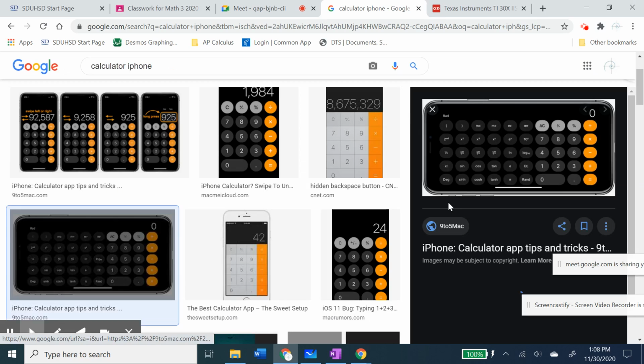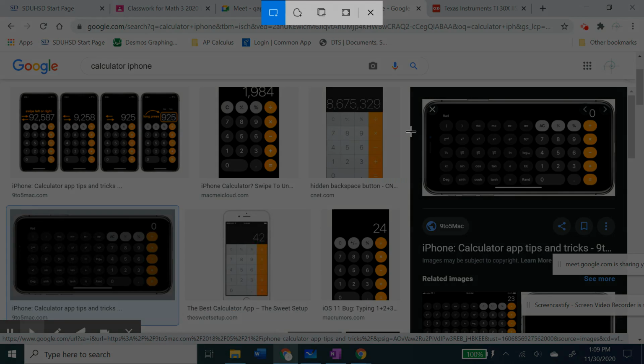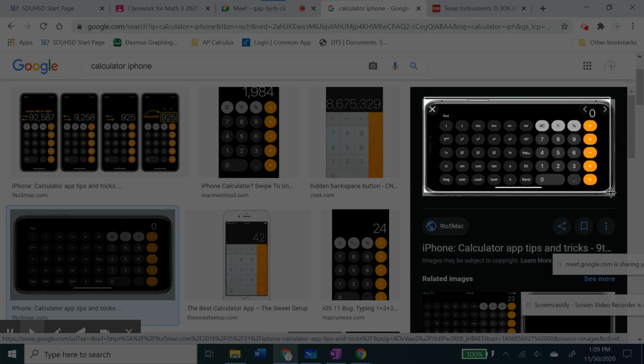Okay, so I'm assuming it looks like this right here when you turn it on its side. And I'm going to take a snapshot of that so that I can zoom in on it.